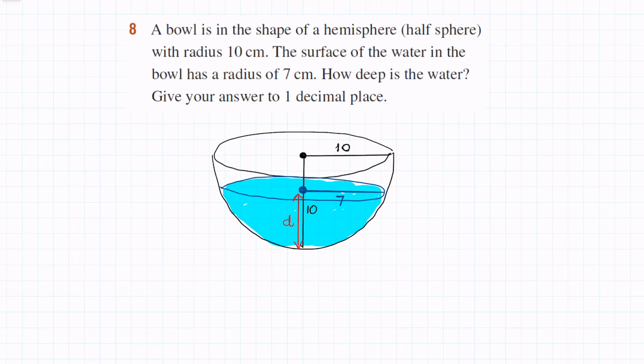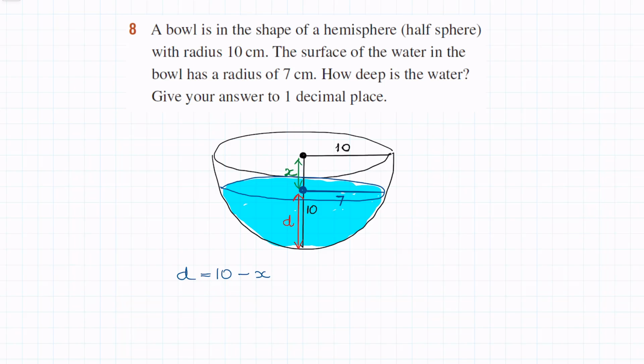And really, because we know that the distance from the top of the bowl to the bottom is 10, and we want to know the distance from the water to the bottom of the bowl, if I can find the distance from the top of the bowl to the top of the water line, which I'll label as x, just for our unknown, then we know that the depth, d, will be equal to 10, the radius of the whole bowl, minus x.